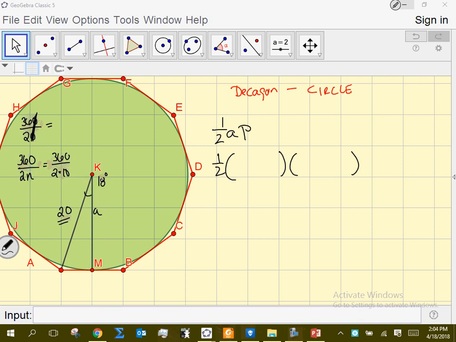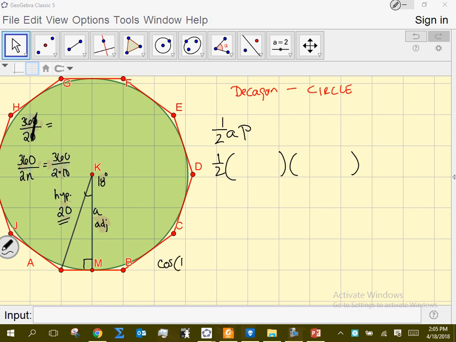All right, so if that's 18, what side is 20 for this triangle in regards to that 18? It's the hypotenuse. What side is A? So it's adjacent. Okay. So which trig ratio uses adjacent and hypotenuse? Cosine.